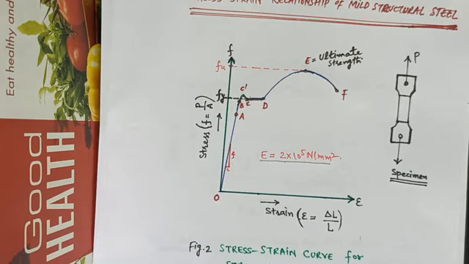So this is a very important property of steel, and this property is called ductility. That is, it undergoes large inelastic deformation without fracture, or we may say large inelastic deformation before fracture.